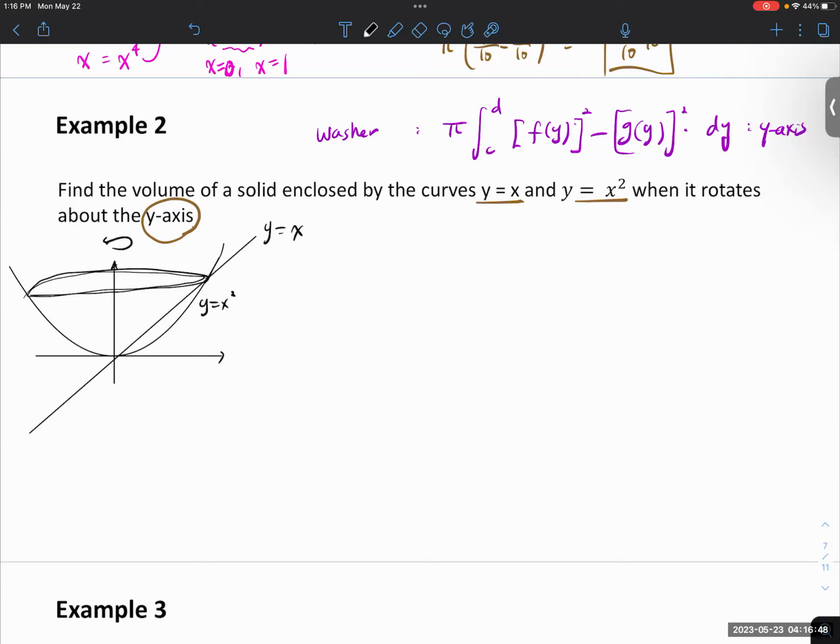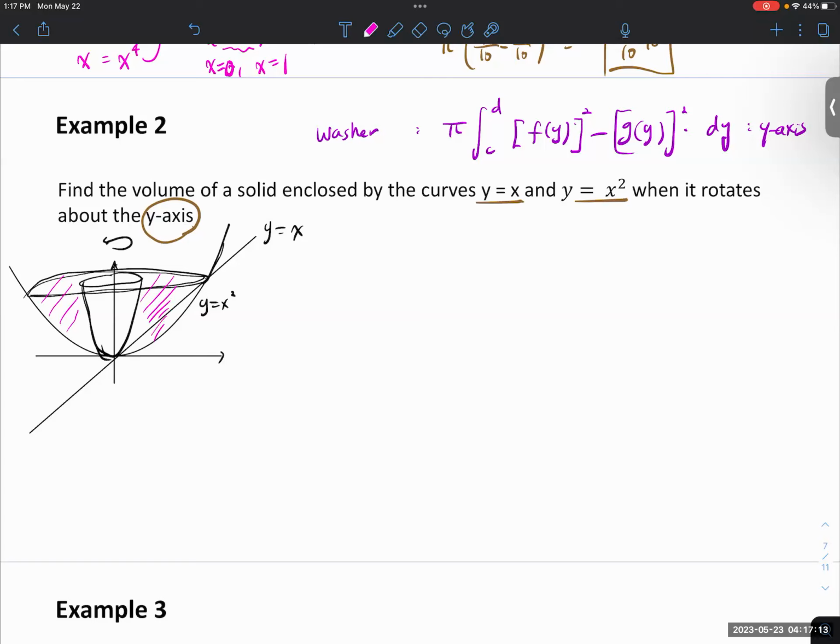So I rotate y equal to x to the second power, and then you are going to rotate y equal to x. It's going to be something like this. So let me draw a little bit. You're going to have a hole. So you have this image. We're looking for this between volume.